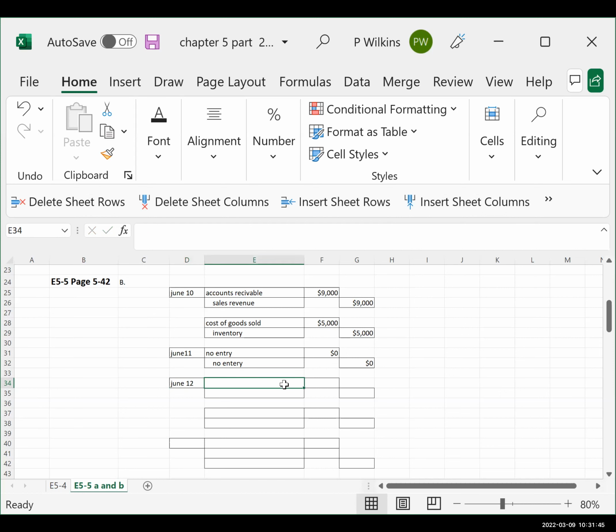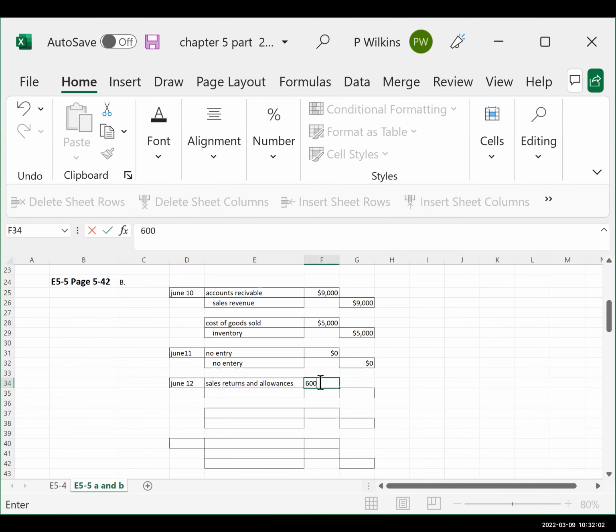And first we're going to debit sales, returns, and allowances. So we're debiting sales returns and allowances for the amount of credit we're giving the customer, which is $600. And then we're going to credit accounts receivable, because we're no longer going to be receiving that money.